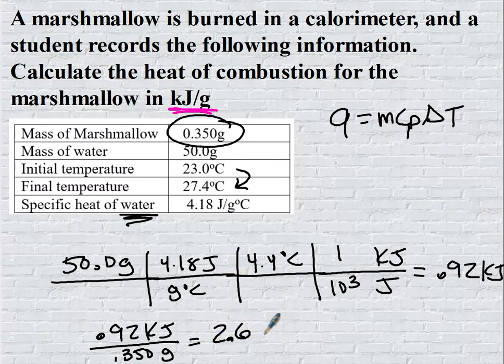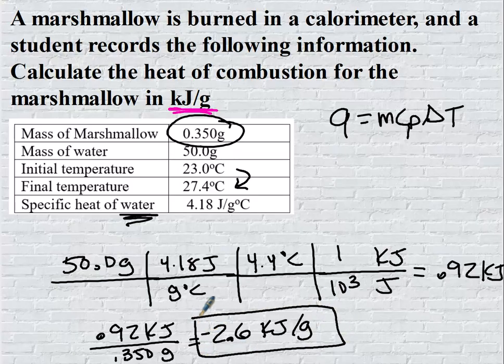So I'll get 2.6 kilojoules for every gram of marshmallow that I burned. And technically this is negative because I'm combusting it. And notice that my temperature of water is increasing because the marshmallow is releasing heat. It's exothermic, the water is absorbing that energy.